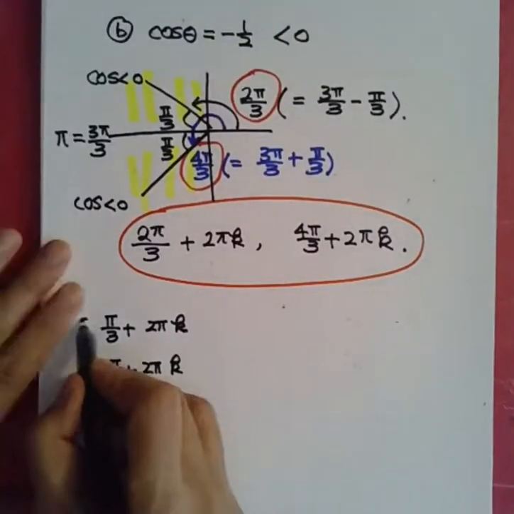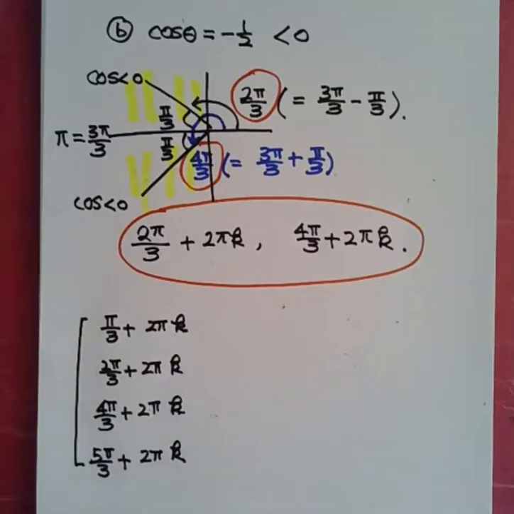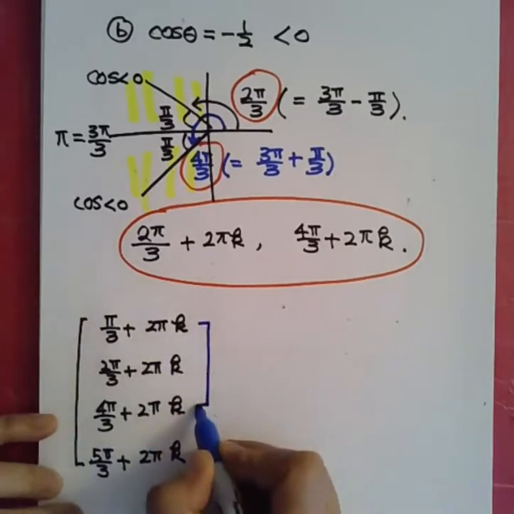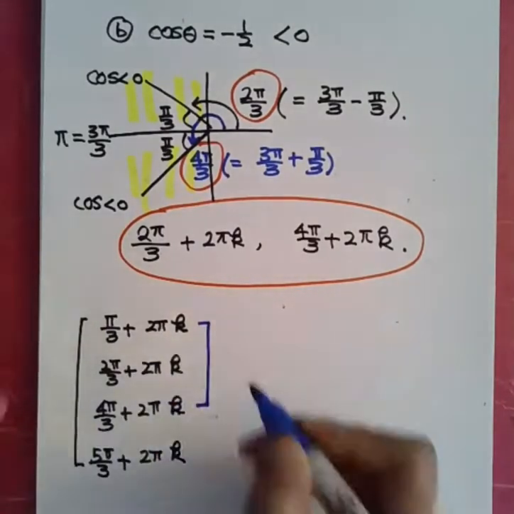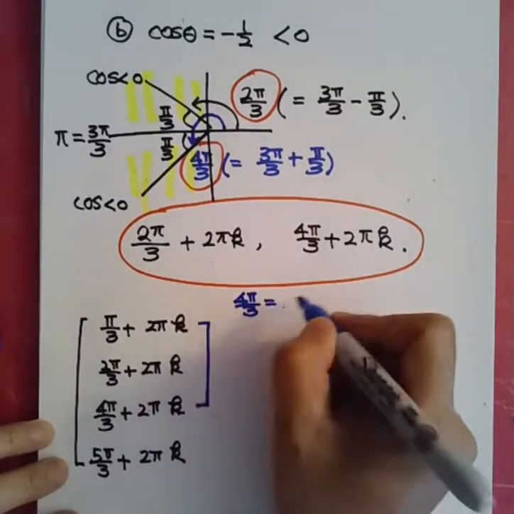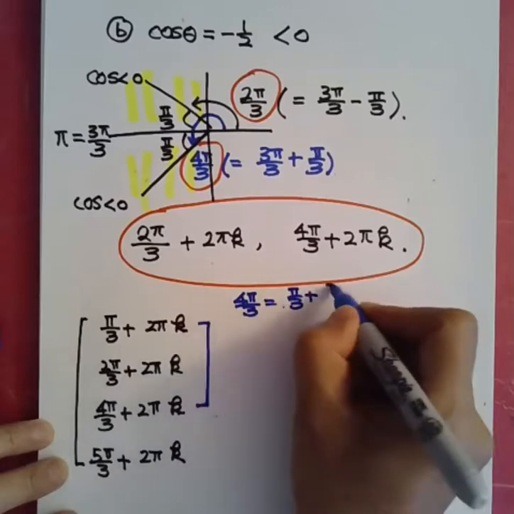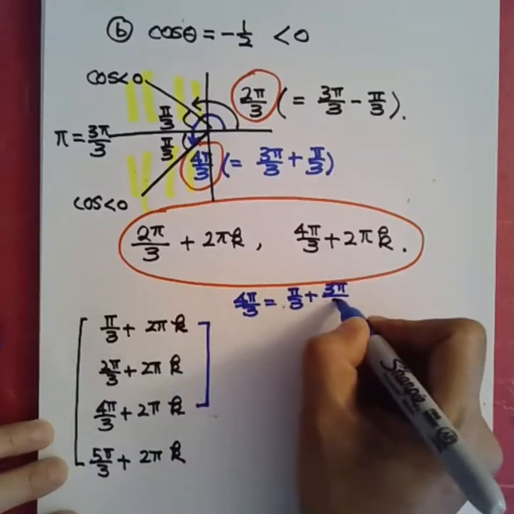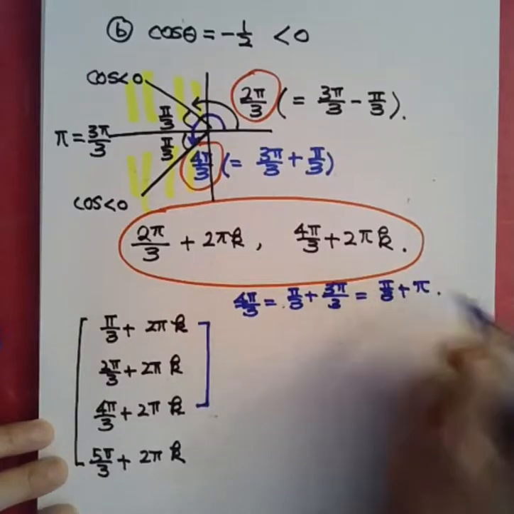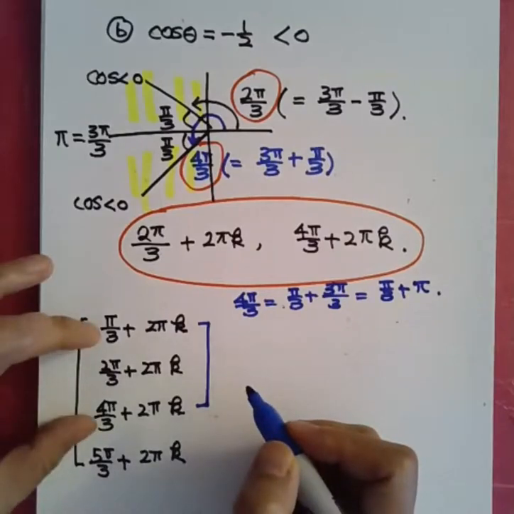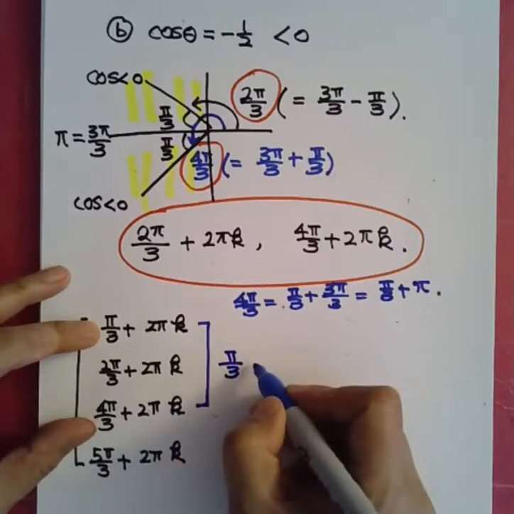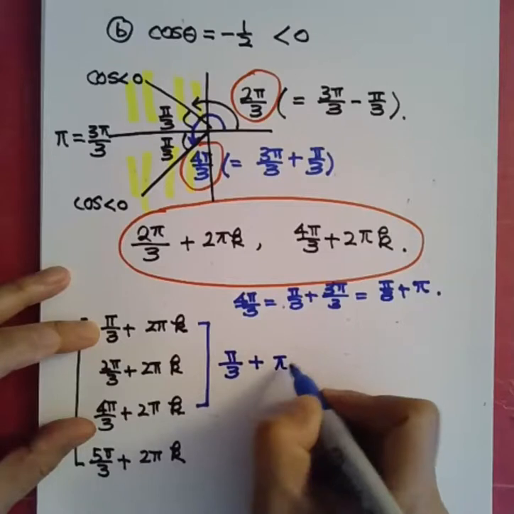That is a perfect answer, but if you want to simplify further, then you can combine these two by noticing 4 pi over 3 equals pi over 3 plus 3 pi over 3, meaning pi over 3 plus pi. So if we combine these two, then you can just write pi over 3 plus pi times k.